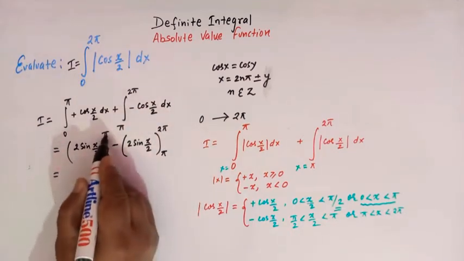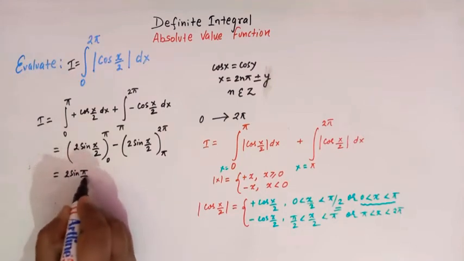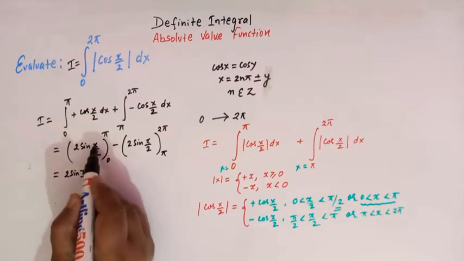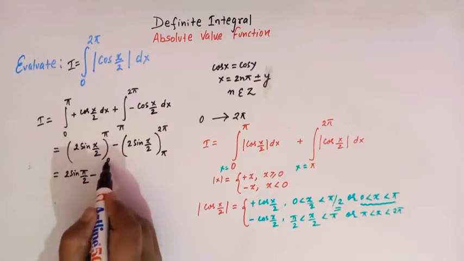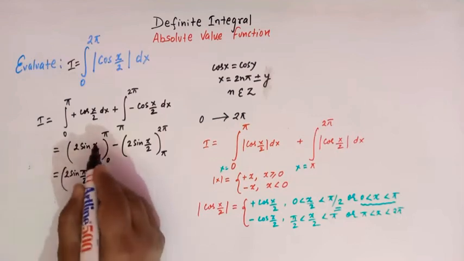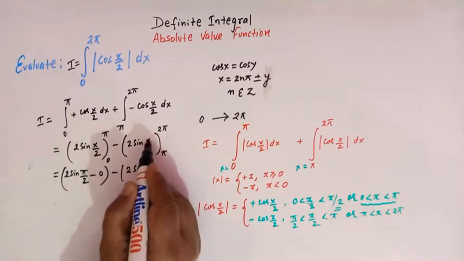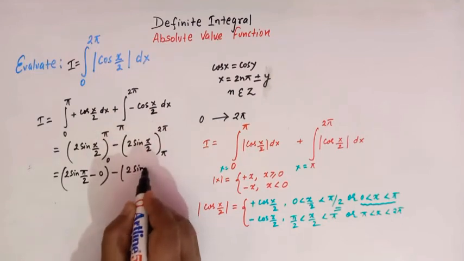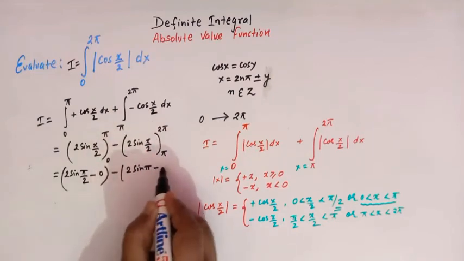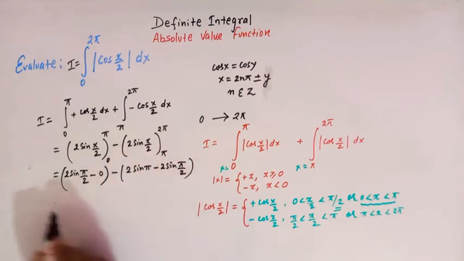So now we'll substitute the limits. So we have 2 sine pi over 2 minus, here x is equal to 0, so we have sine 0, which is 0, and here we have 2 sine x over 2, for x we have 2 pi, so here we have simply sine pi, minus 2 sine pi over 2, right?